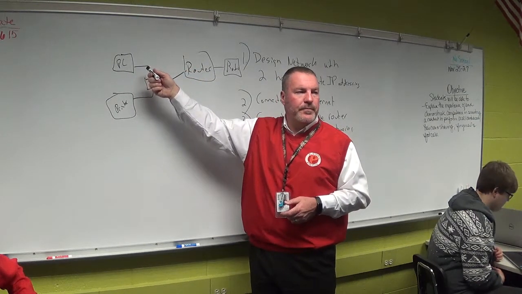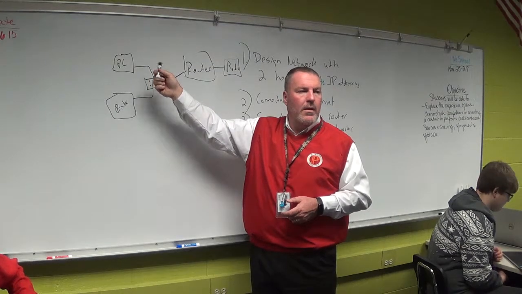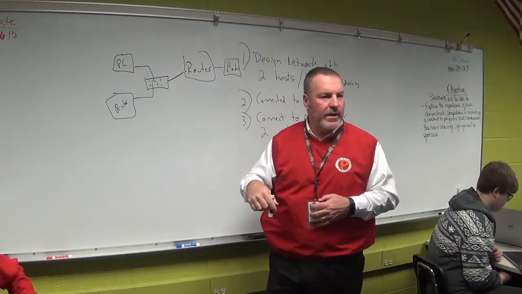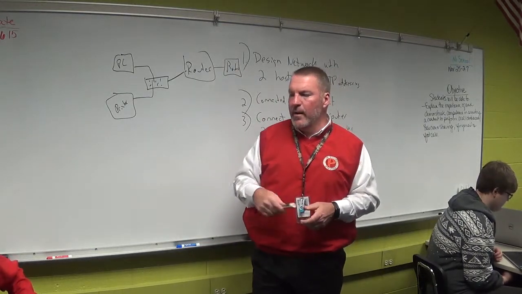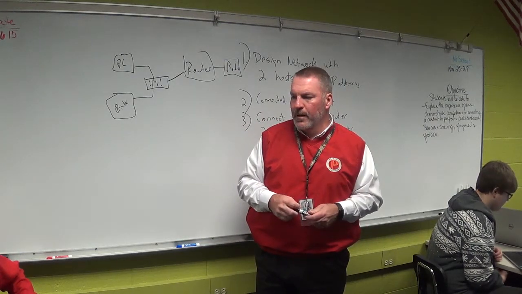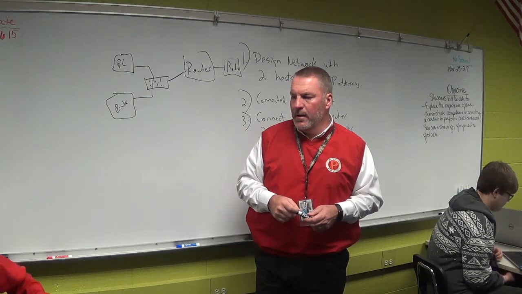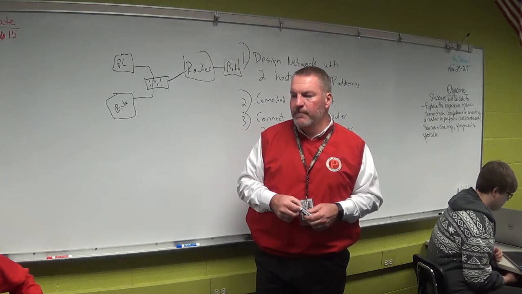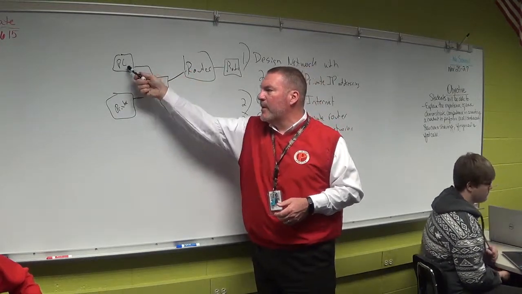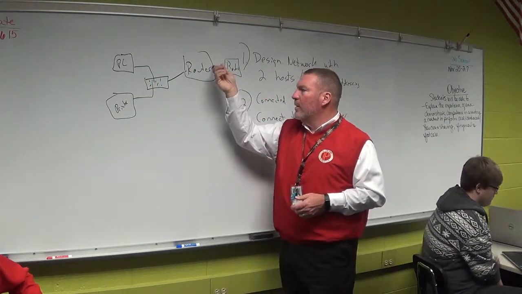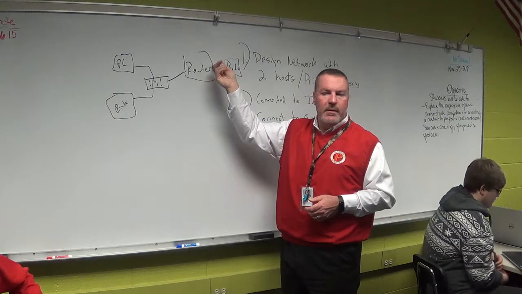Yes, Austin? They all have to have subnet masks. Yes, that's going to define the network address. Absolutely. They all have to have subnet masks. Give me another one. Quinn. Kind of ran through them all. If this IP address is on the same network as this and this, what about this IP address?